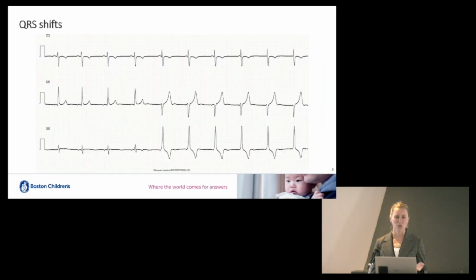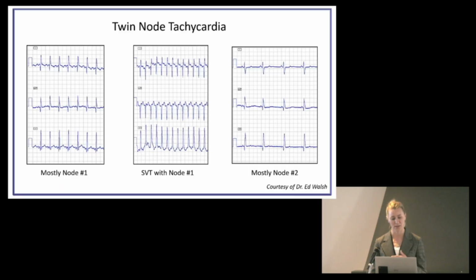Clinically, the way that shows up is a couple of different things that you might see in your patients. One is that there may be shifts in the axis from beat to beat. You may see variability, where your overall QRS axis shifts pretty dramatically as the tracing goes on.